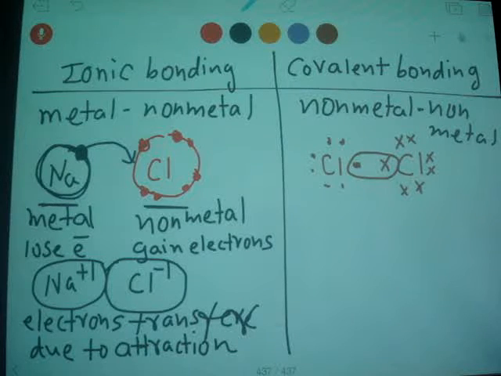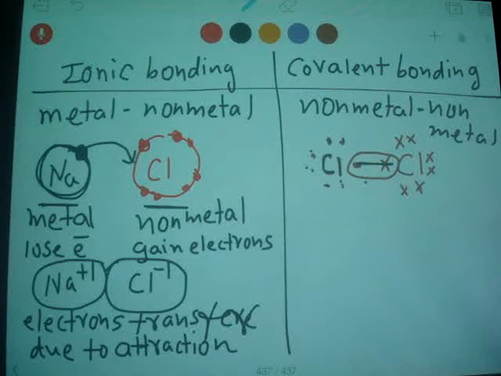When they do that, this chlorine has 8: 1, 2, 3, 4, 5, 6, 7, 8. And this chlorine has 8 electrons, so they fulfill the octet rule. This bonding happens when they share their electrons, and that's covalent bonding.